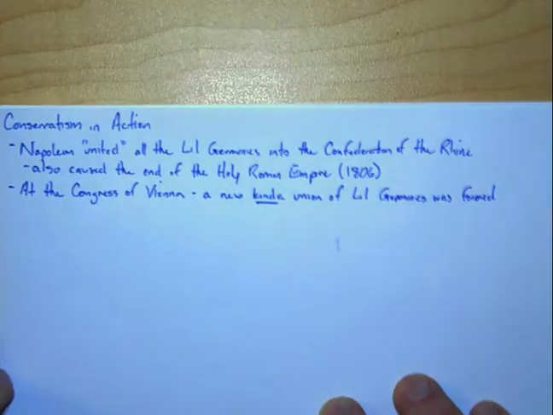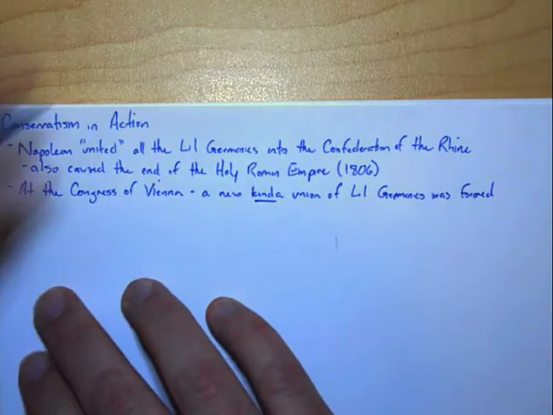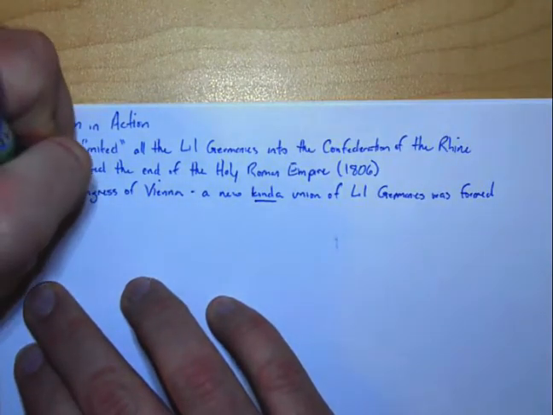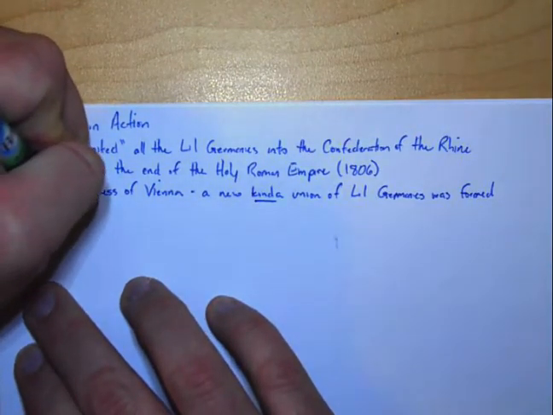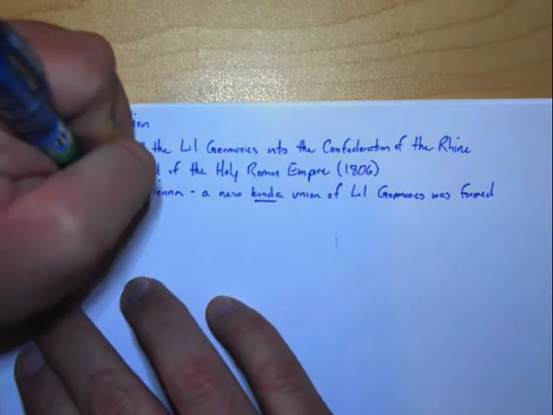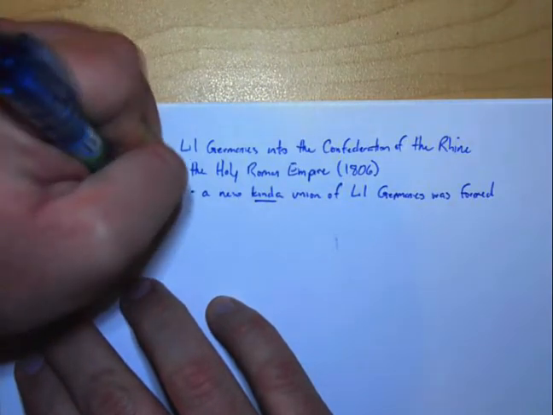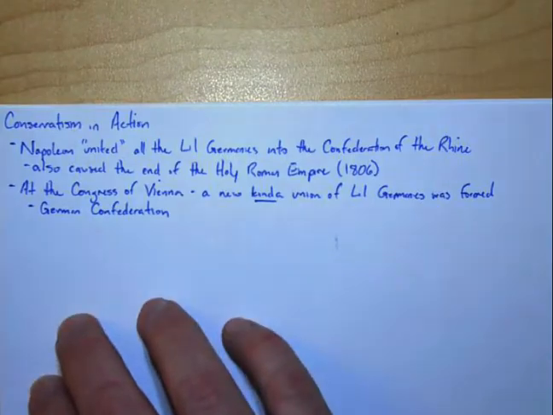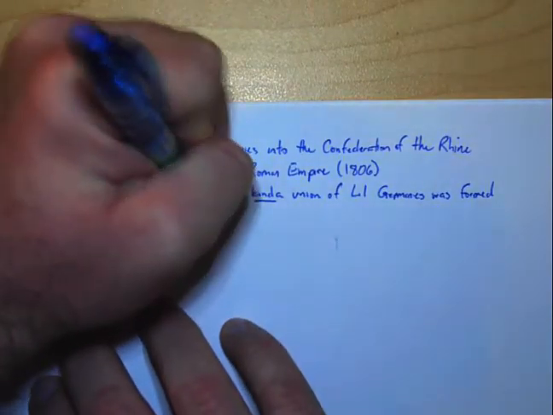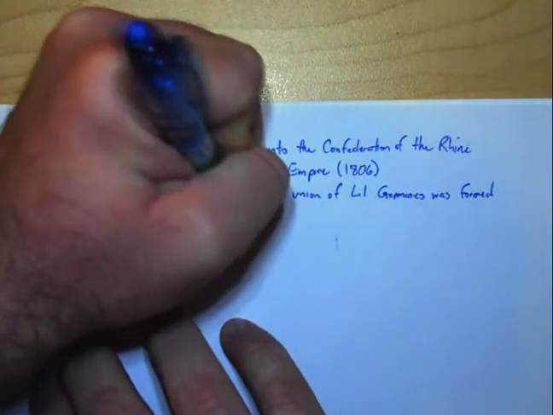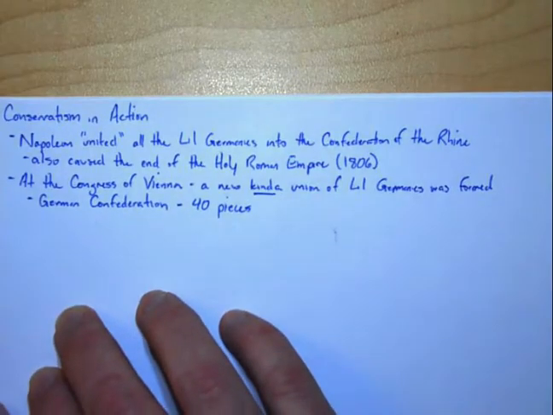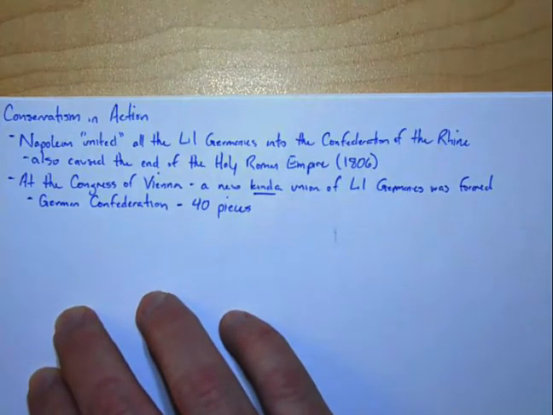And this thing was known as the German Confederation. So the German Confederation had 40 pieces, which is a lot fewer than the Holy Roman Empire had.